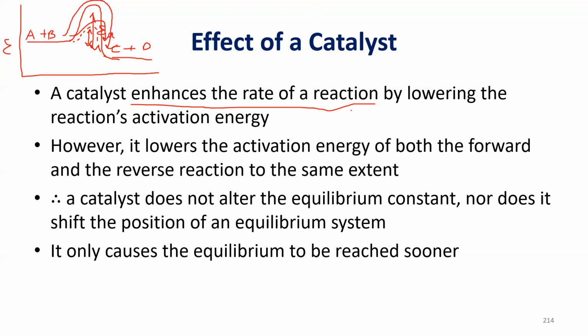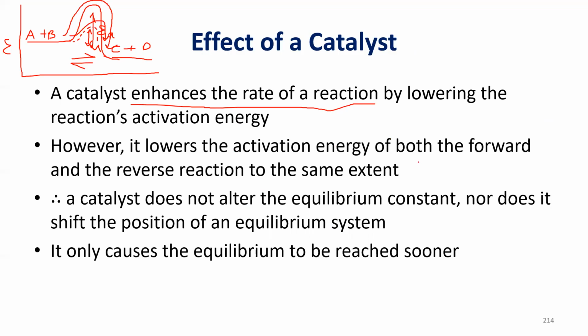For a system at equilibrium, this activation energy is lowered for both the forward and the reverse reaction to the same extent. So the catalyst does not favor a particular side of that reaction. Both sides are enhanced in their rate.